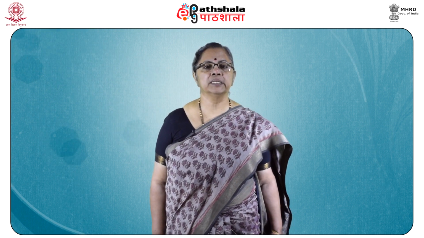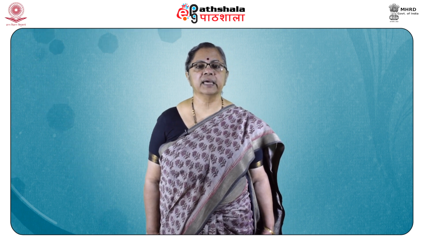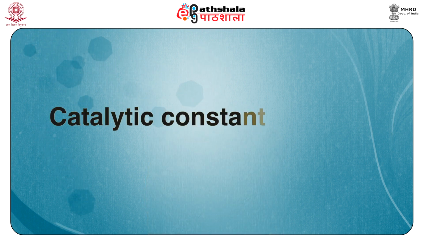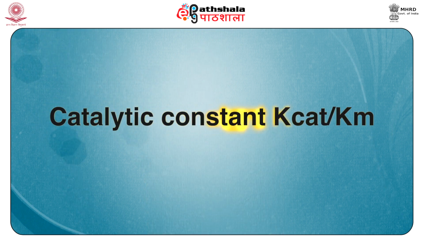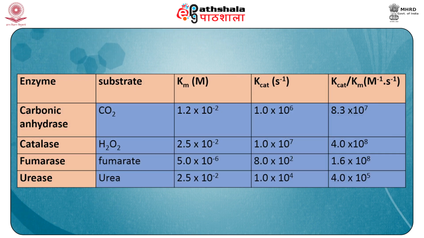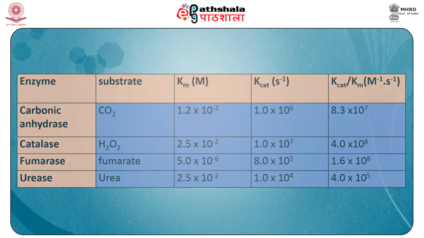A better parameter to assess the catalytic efficiency of an enzyme is the catalytic constant, which is equal to Kcat by Km. If the value of Kcat by Km is inserted into the table given previously, it appears that among the enzymes the highest efficiency is that of catalase, followed by fumarase.